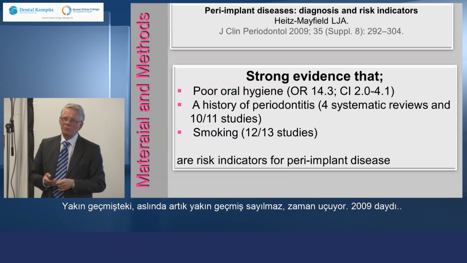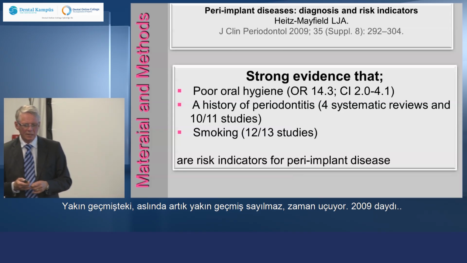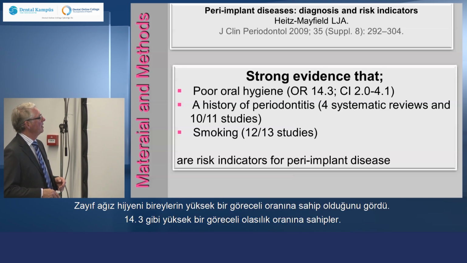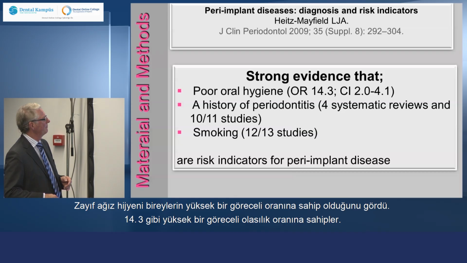And in a recent, well, not so recent now, time flies, it's 2009, a review by Lisa Mayfield found that things like poor oral hygiene, you see it has a very high odds ratio, 14.3.